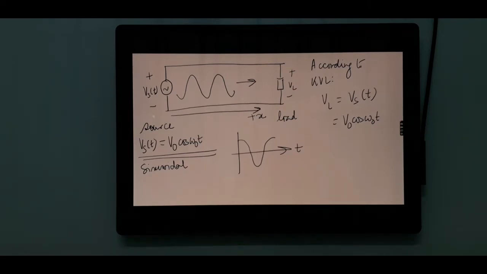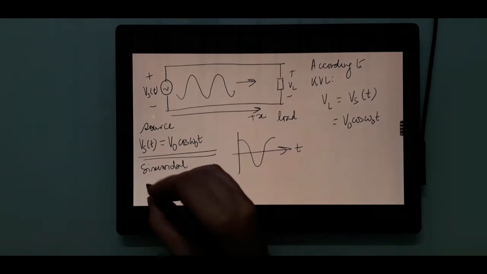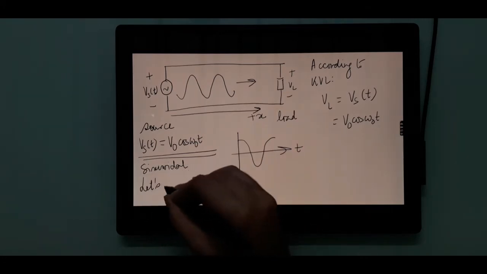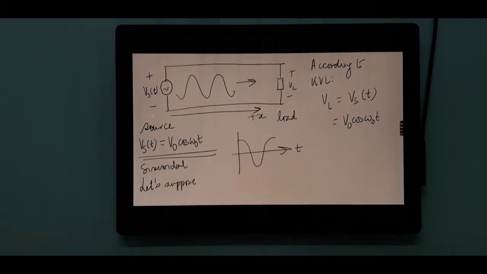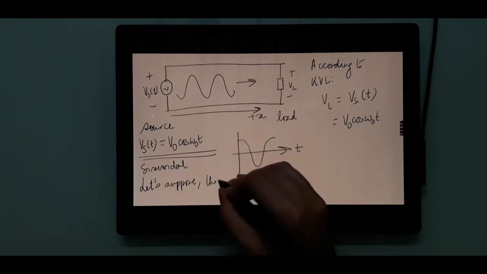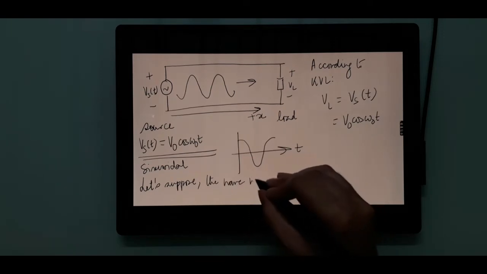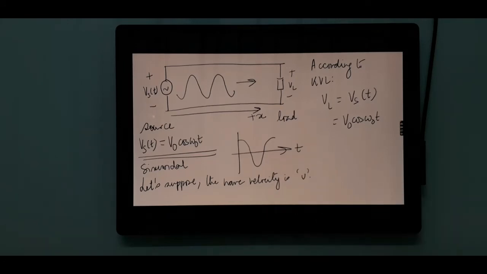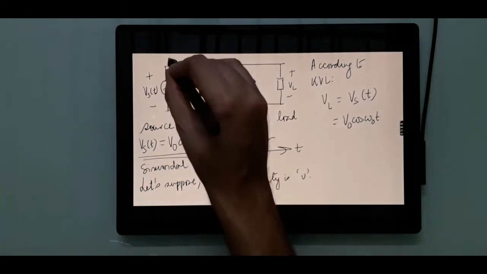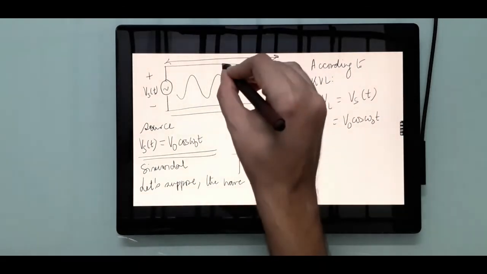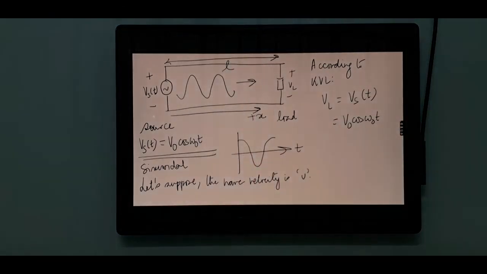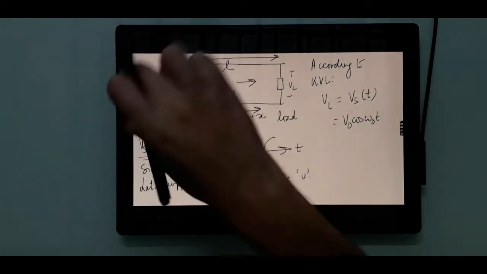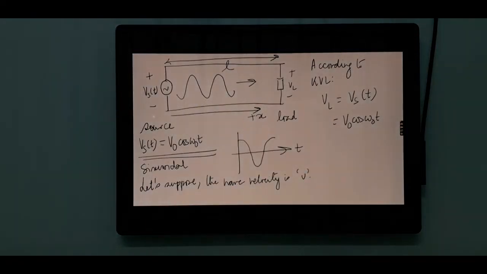Now, let's suppose the wave velocity is v and the length of this line is L. Then the time taken for the wave to travel from the source to the load is what?